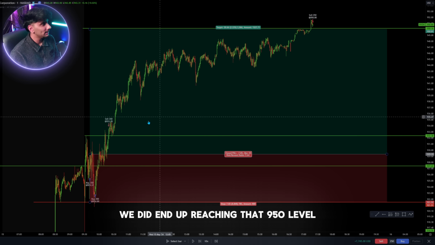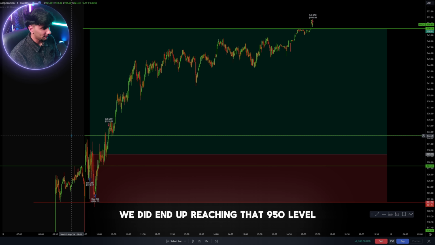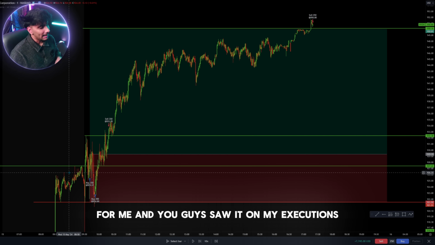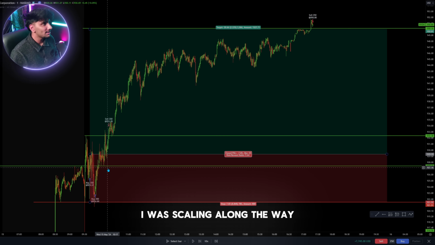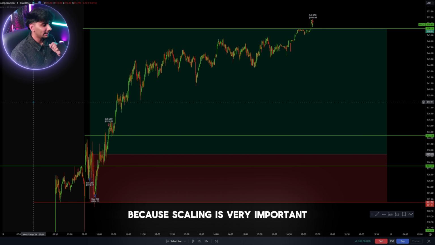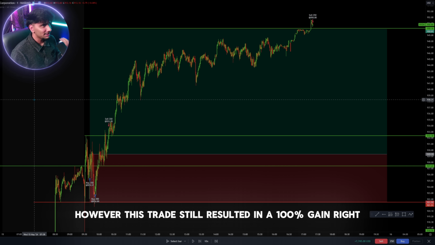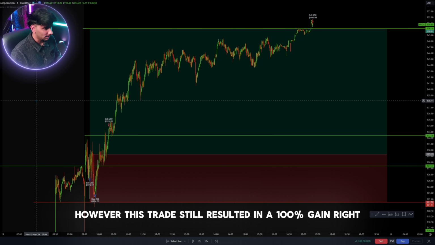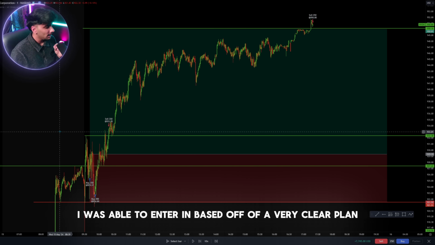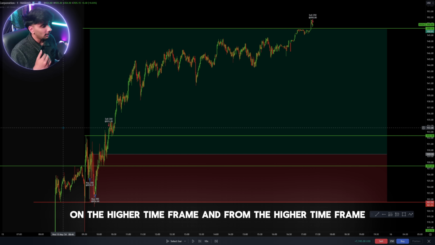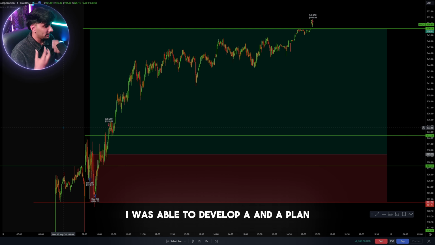And as you can see, we did end up reaching that 950 level. Now, of course, for me, and you guys saw it on my executions, I was scaling along the way, because scaling is very important. However, this trade still resulted in a 100% gain, right? So I was able to enter in based off of a very clear plan on the higher time frame. And from the higher time frame, I was able to develop a thesis and a plan.